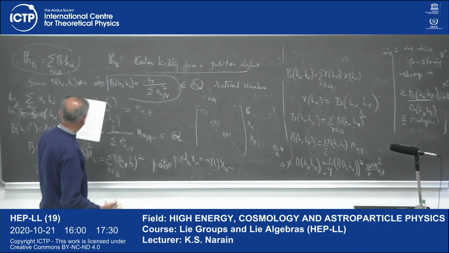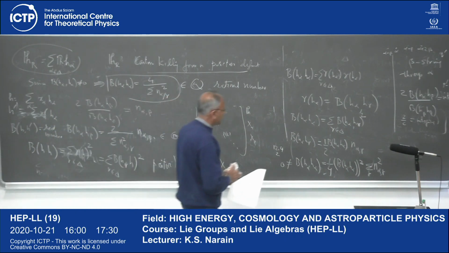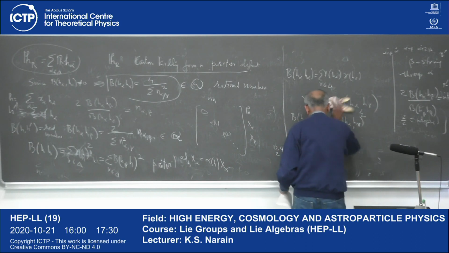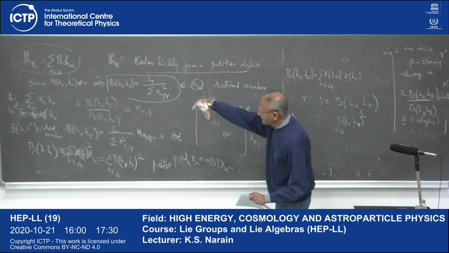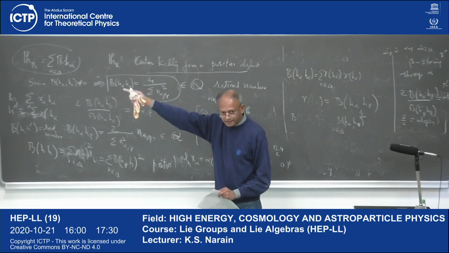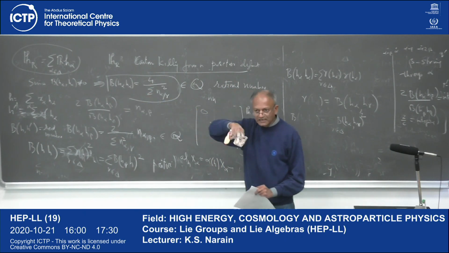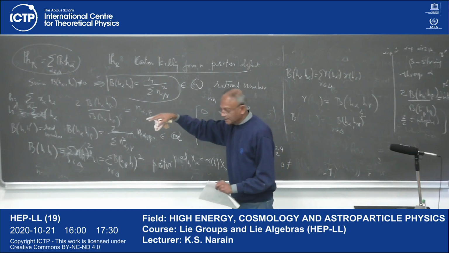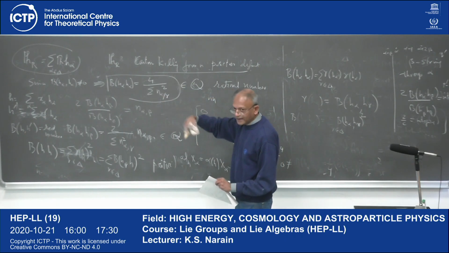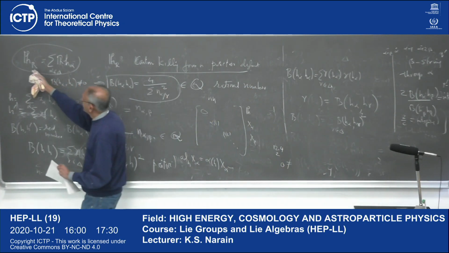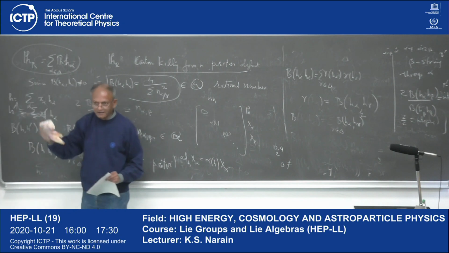So it will always be in this space, H_R, the real space, and the corresponding dual space, H star. You can go to the dual space because that's where the roots live. This metric gives you an isomorphism between the dual space and the original space. So we have this H_R, and then H star R is again real.